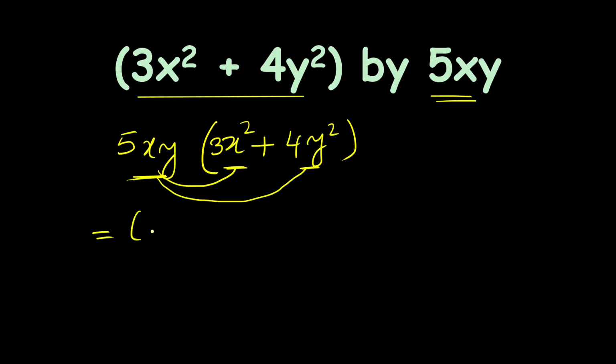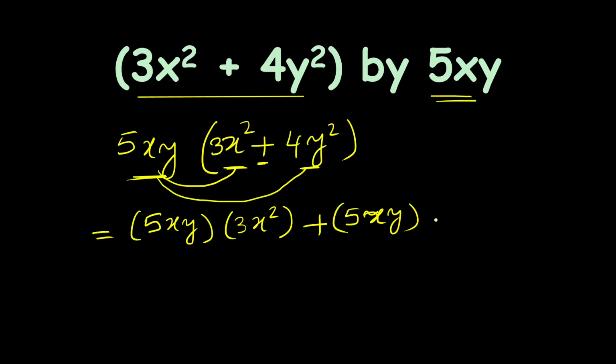Now 5xy is multiplied by 3x square, plus 5xy multiplied by 4y square. Now let's find the product. Already we have learnt how to find the product of monomial by monomial.